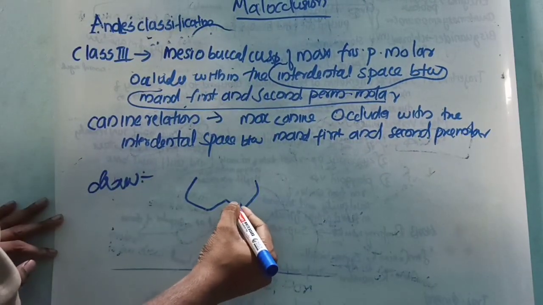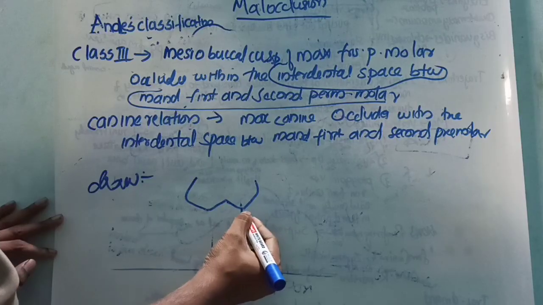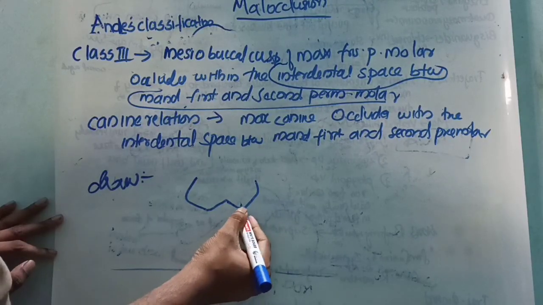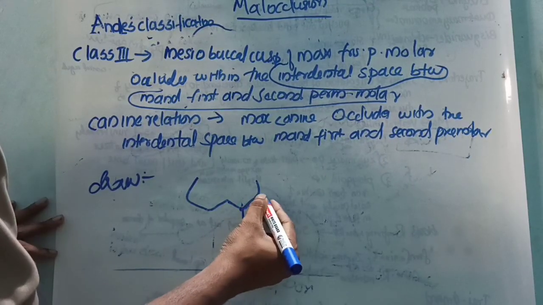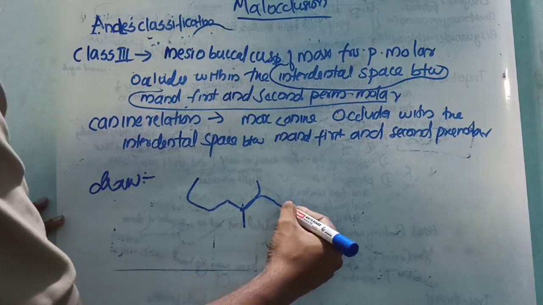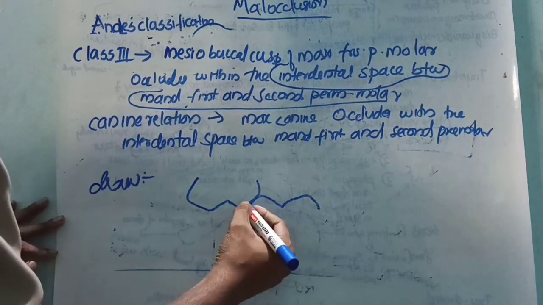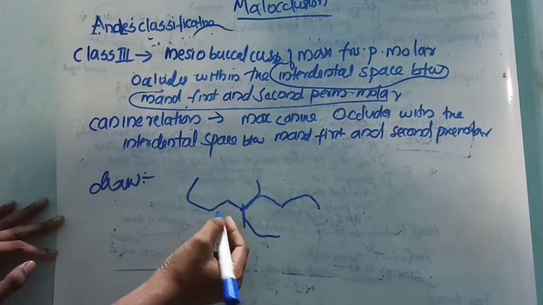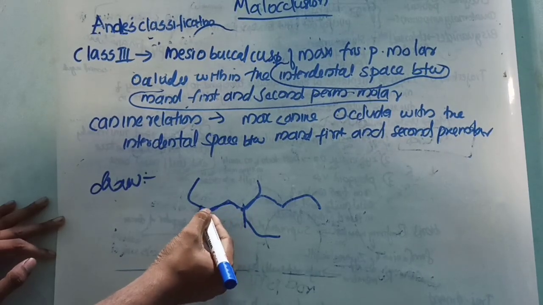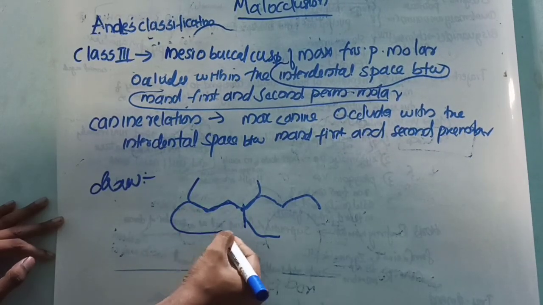Next we draw the interdental space. The mandibular permanent first molar comes here, and the second mandibular molar comes here.